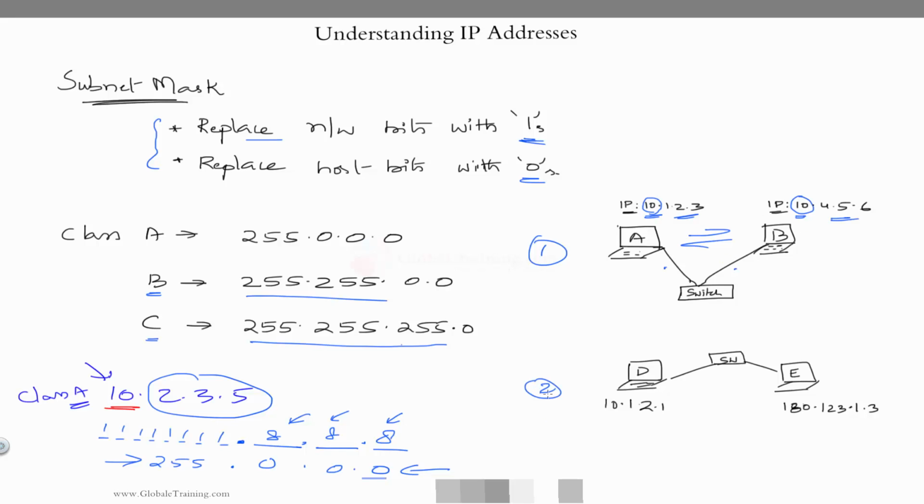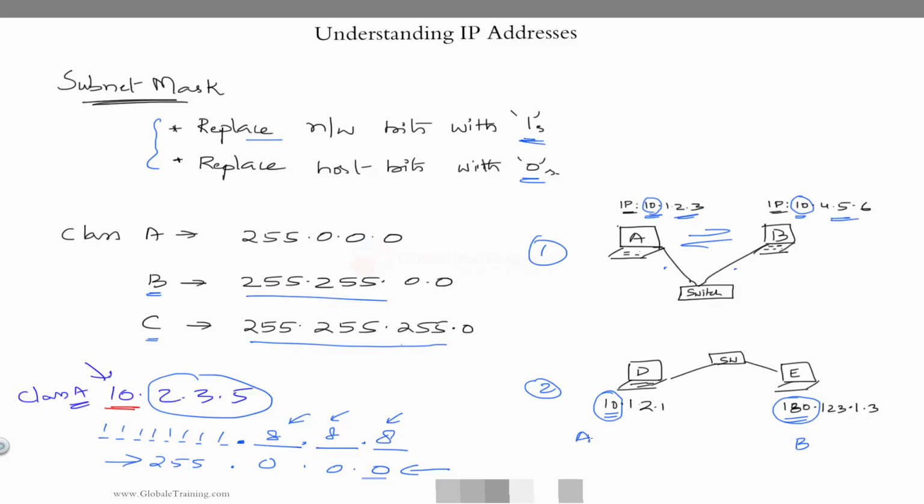Take the case of 2, D and E. D has an IP address of 10.1.2.1, that is 10, and E is starting with 180. So 10 is a class A IP address, 180 is a class B IP address. That means they belong to two different networks.